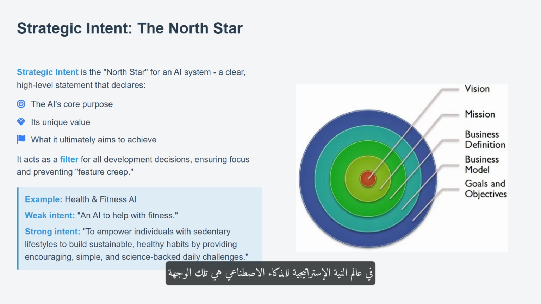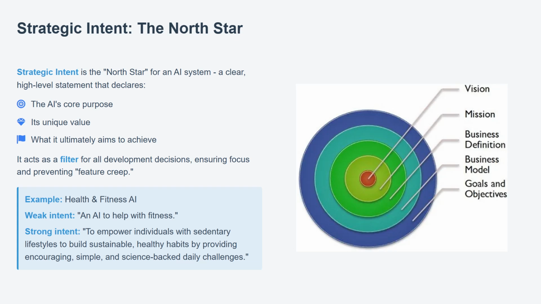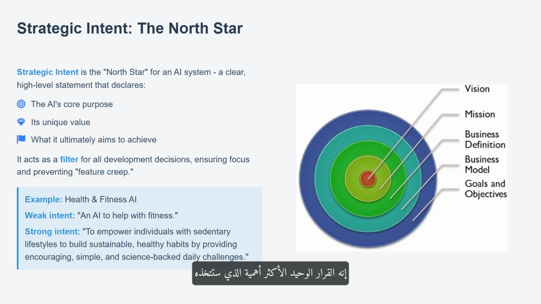In the world of AI, strategic intent is that destination. It is the single most important decision you will make because it defines the AI's ultimate purpose and reason for existing.